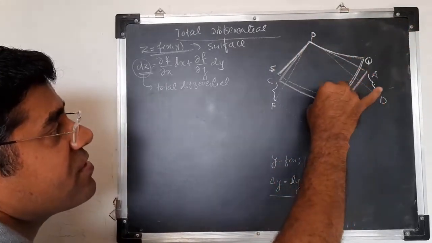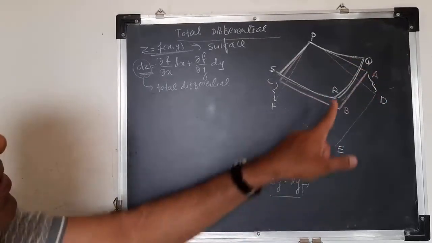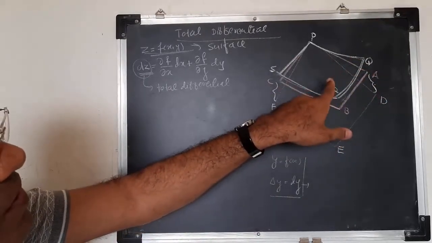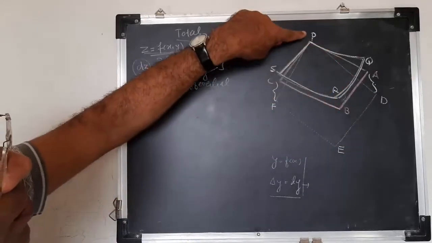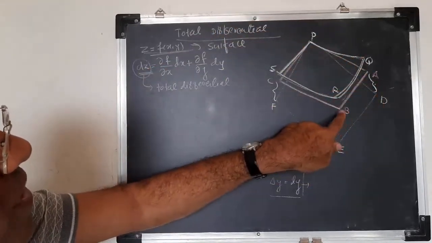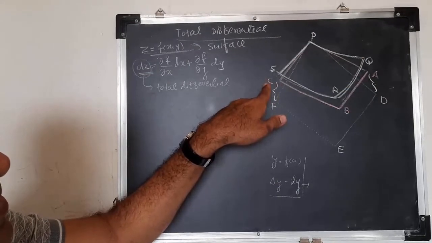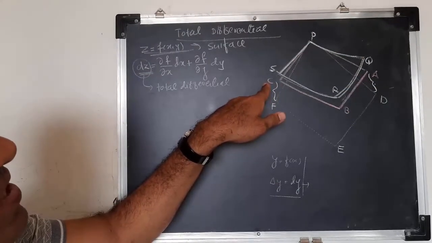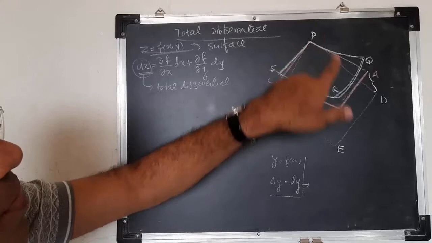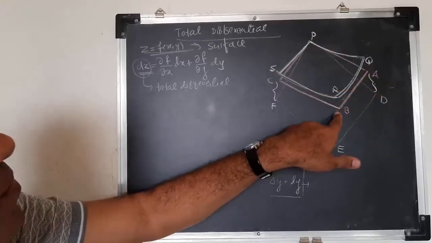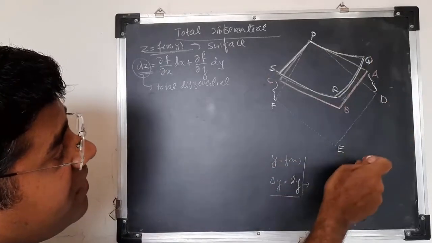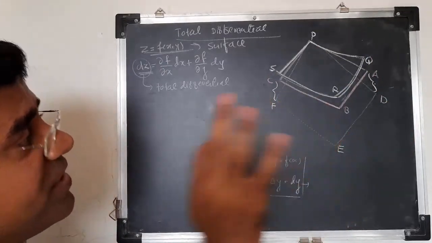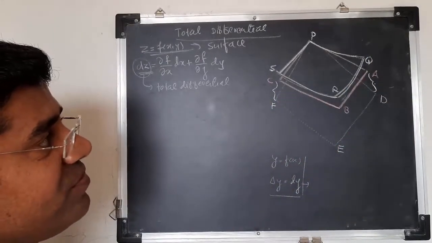You have given the tangent to that particular surface at a point P, which is PABC. Tangent to the surface at point P is PABC. And PDEF represents a horizontal surface.